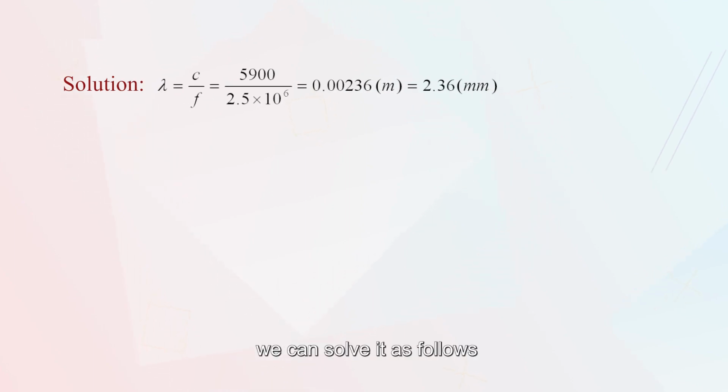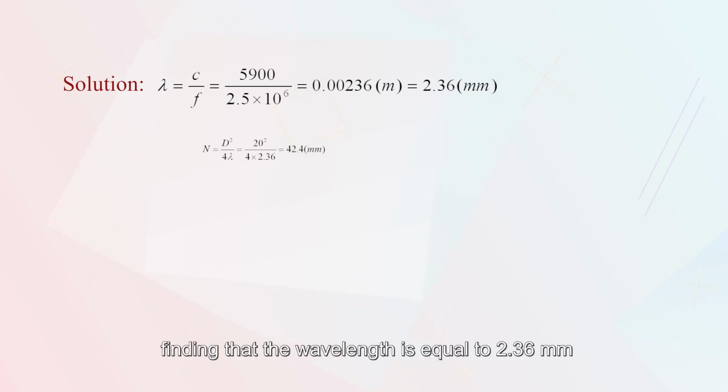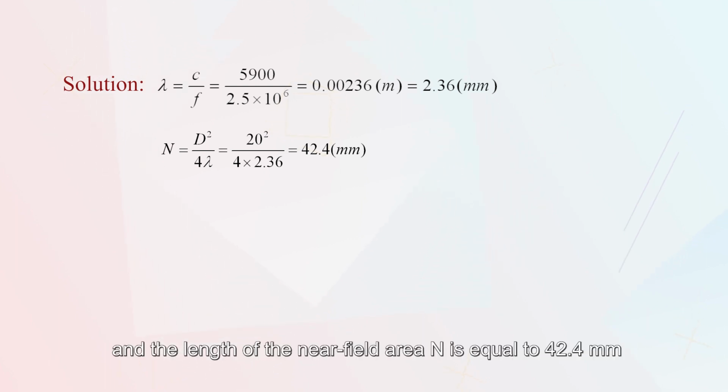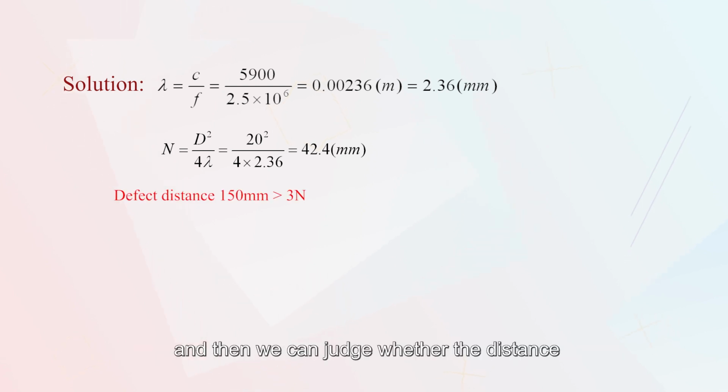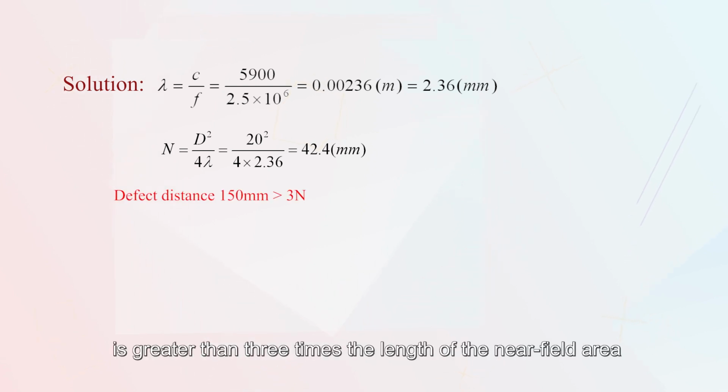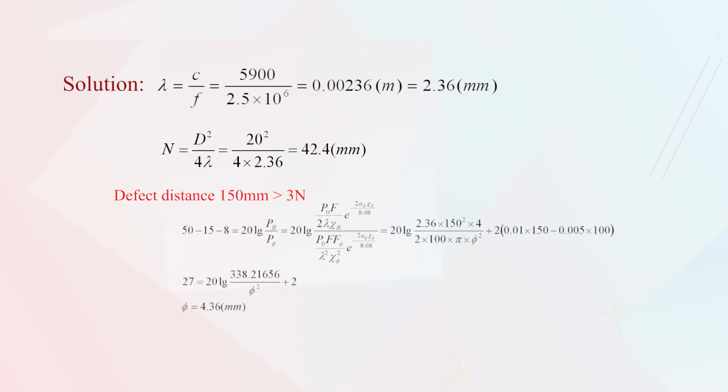After this analysis, we can solve it as follows. First, finding that the wavelength is equal to 2.36 mm and the length of the near field area N is equal to 42.3 mm, and then we can judge whether the distance is greater than 3 times the length of the near field area.